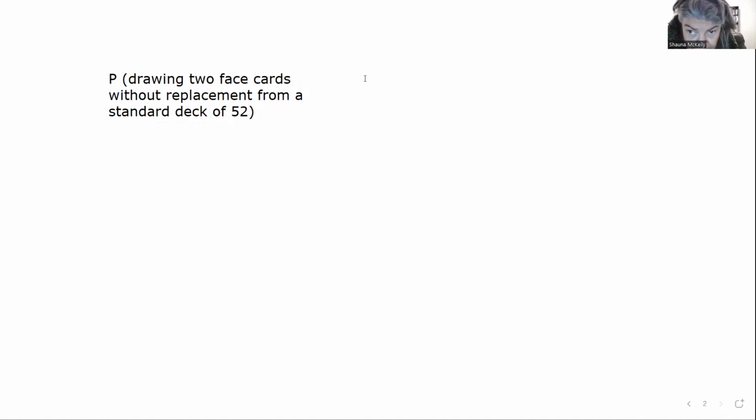So if I'm looking at the probability of my event, then I'm going to look at the number of ways. So I'm going to write this as the number of ways to draw 2 face cards. Now, this time I'm going to use the counting rule. So the number of ways to draw 2 face cards over the number of ways to draw 2 cards, period.